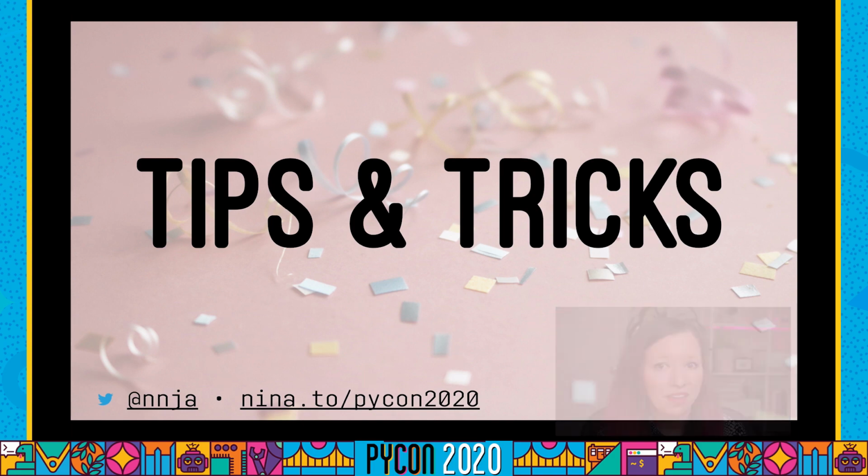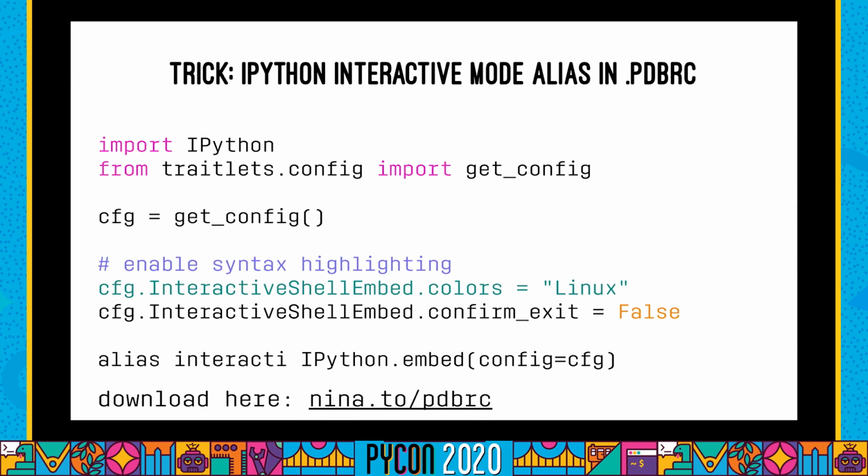It's really handy. But one of my favorite tricks, my favorite hacks, I showed you interact earlier, and that allowed me to jump into a Python interpreter, but all of the stack, all of the context that was available at my breakpoint was available in that interpreter.